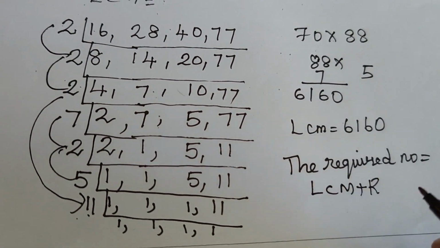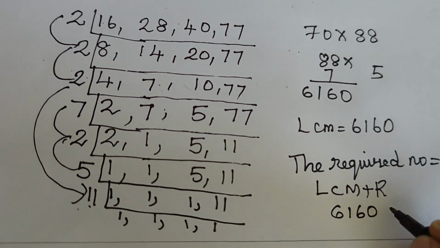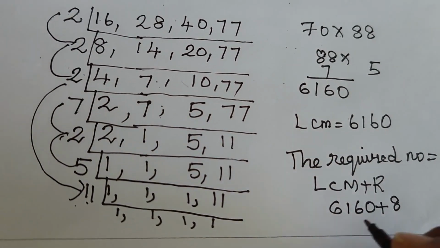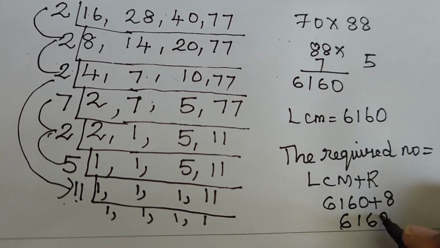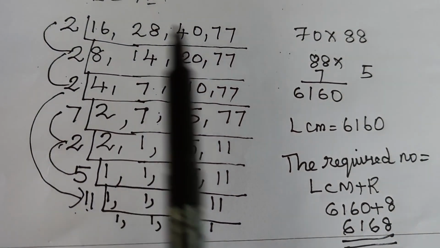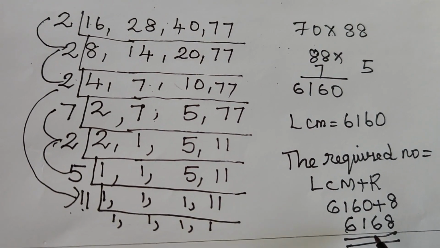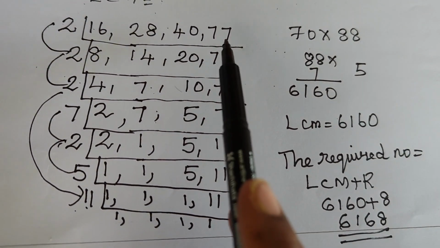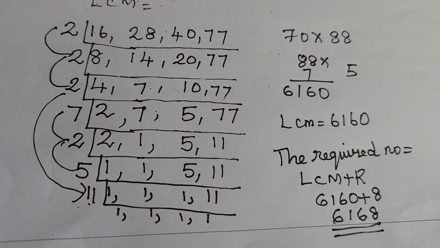LCM plus remainder, which is 6160 plus remainder 8, you will get 6168. So when you divide 6168 by 16, or by 28, or by 40 or 77, in all these cases you will get the remainder 8.